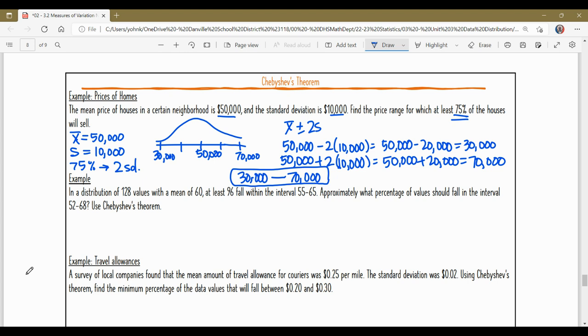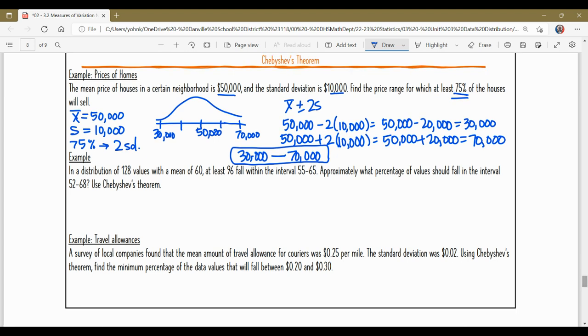Okay, let's do the next one. In a distribution of 128 values with a mean of 60, at least 96 fall within the interval 55 to 65. Approximately what percentage of values should fall in the interval 52 to 68? Use Chebyshev's theorem. Okay, so we have 128 values that has a mean of 60.